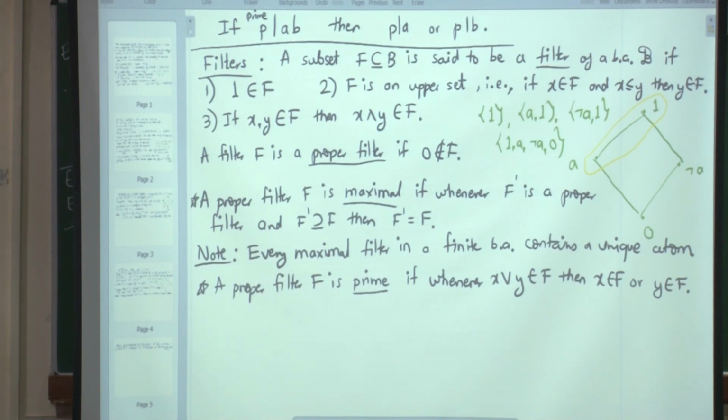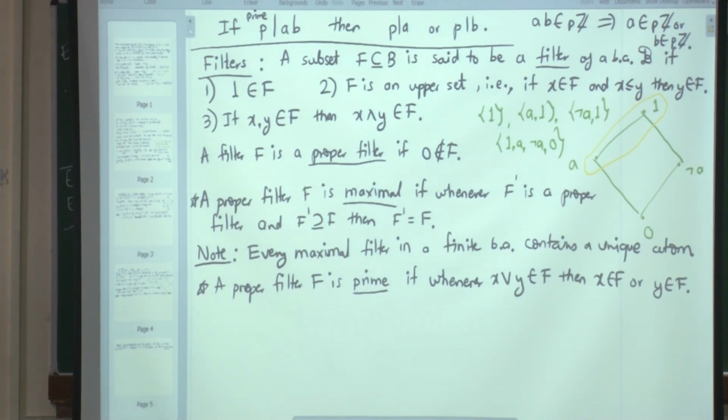See what happens there, I will rephrase it. So whenever AB belongs to PZ, where PZ means the integral multiples of the prime P, this implies that A belongs to PZ or B belongs to PZ.